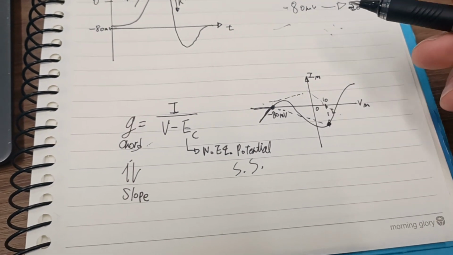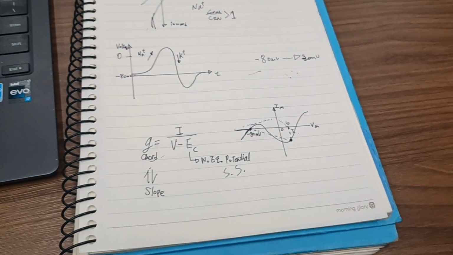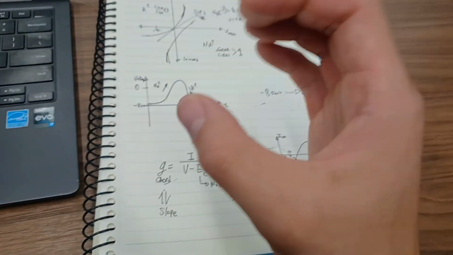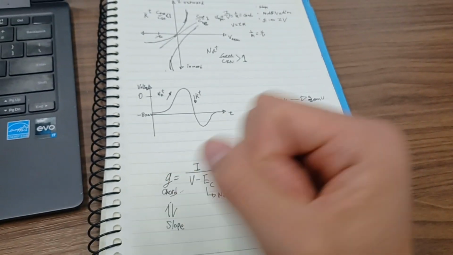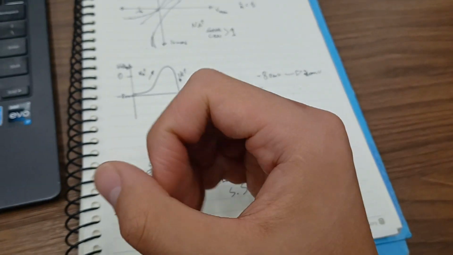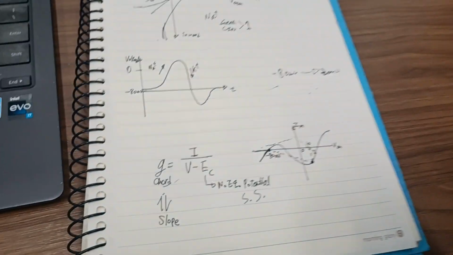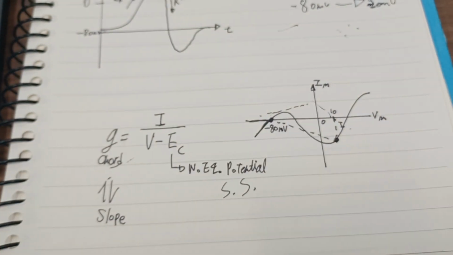If the current were non-zero, that would mean that for an infinite amount of time a certain number of ions is going through, and then the cell will either shrink because all the ions got out of the cell, or it will burst because ions are coming in infinitely. So that's why it's sitting at this V line. So that's the chord conductance.